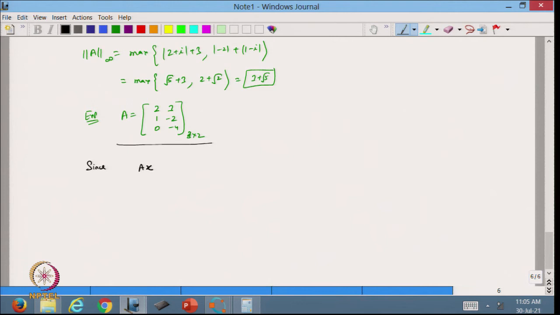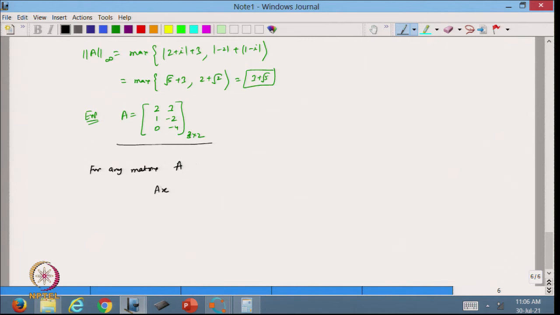Suppose I take any matrix A and I define Ax.